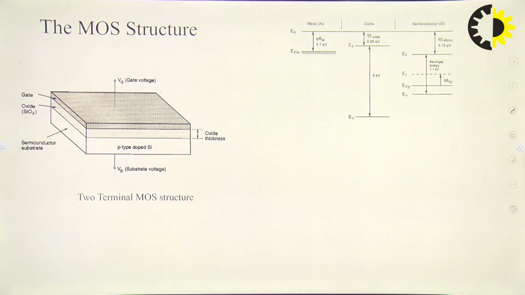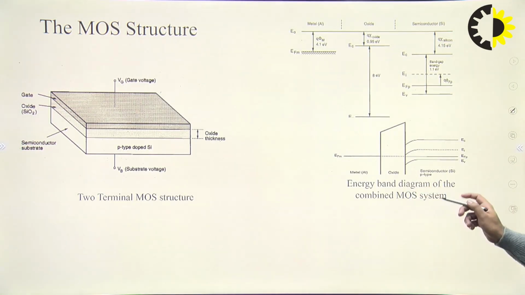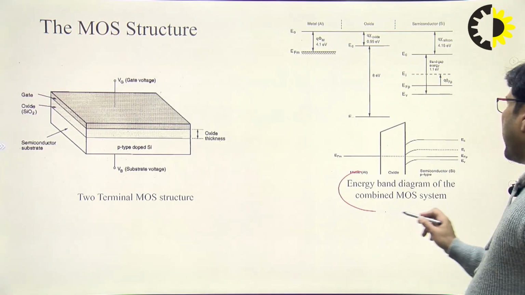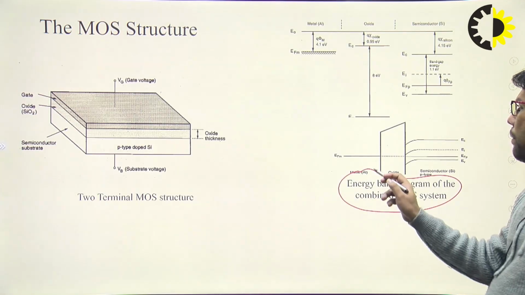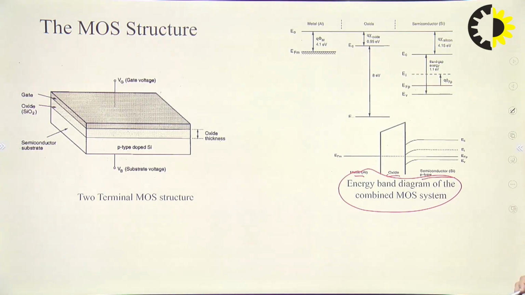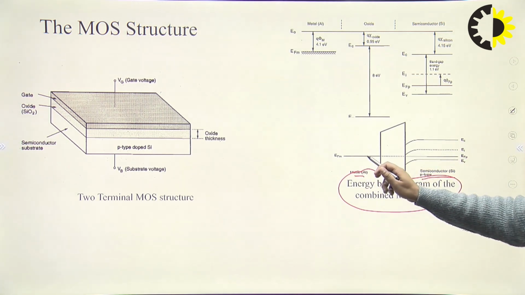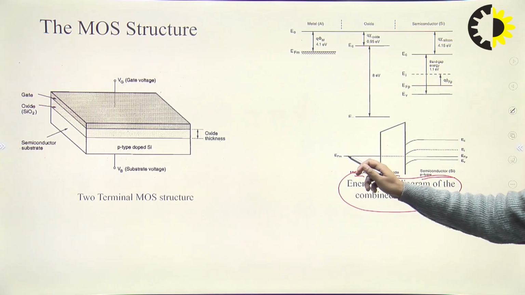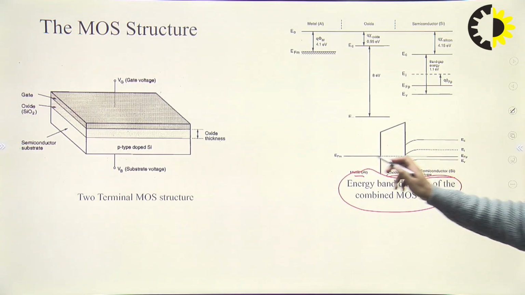So in the next slide, we have the energy band diagram of the combined MOS structure, where we have a metallic layer, oxide layer and p-type semiconductor layer. You can see that throughout the structure the Fermi level is aligned, right.